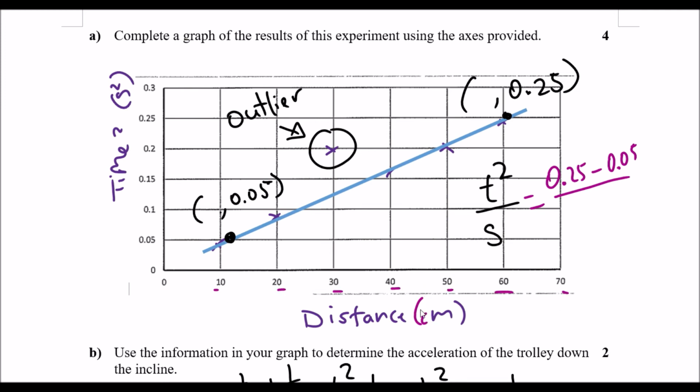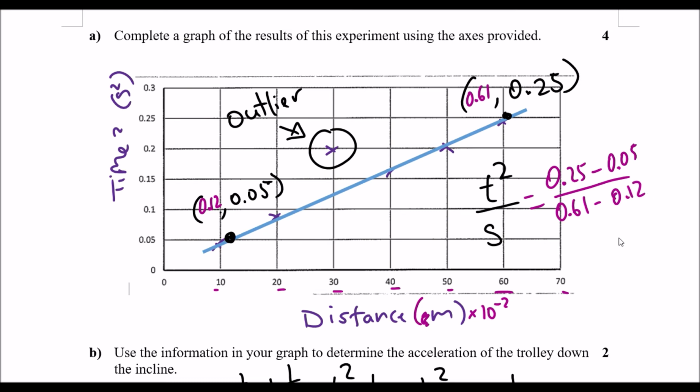You could, for example, write meters and then say 10 to the power of minus 2 to get the right units down here. So what I wrote here where I said 12 is actually 0.12, and when I wrote 61 here, it's actually 0.61. So it would be 0.61 minus 0.12.